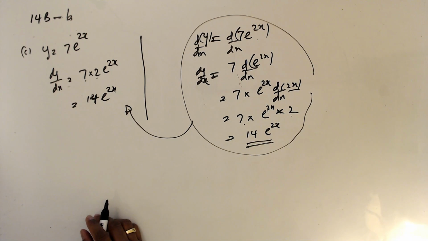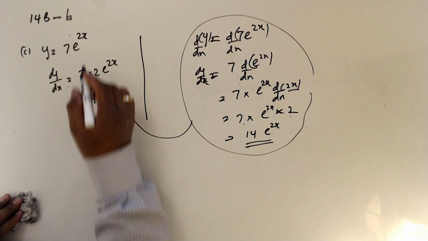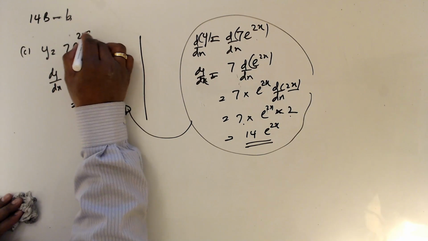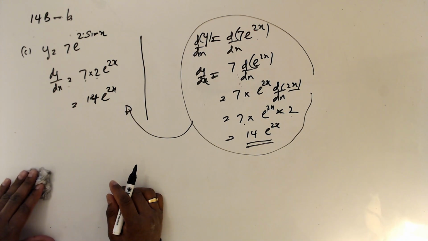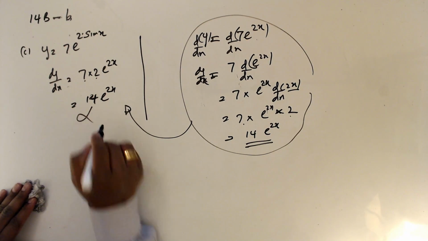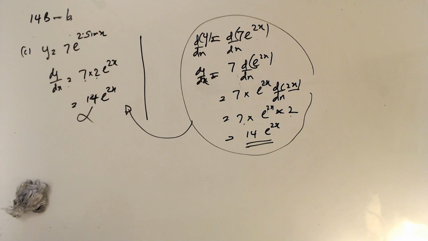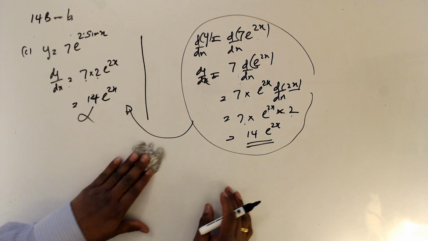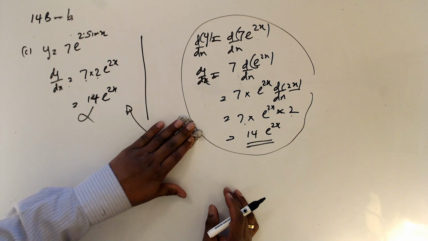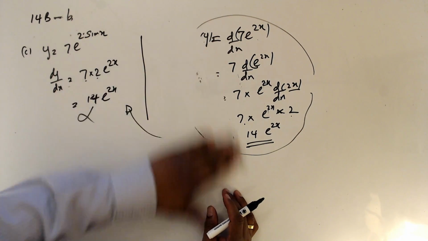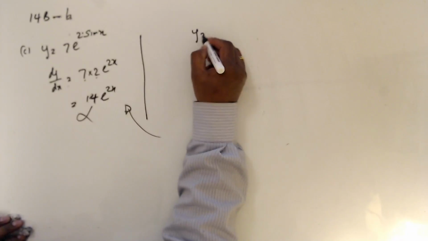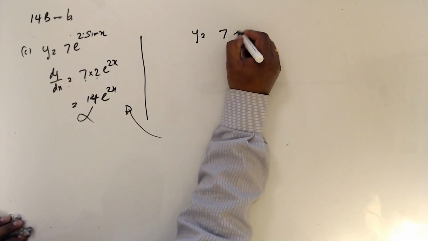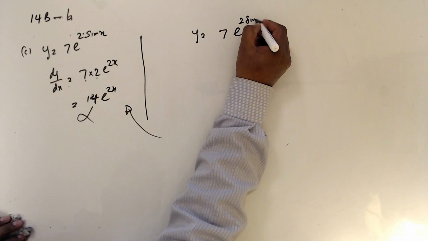Everything is possible. Now I'll show you a simple example. Instead of x, I put sin x here. Now what will happen? Now you can't do anything here, because only this way works, since you know the rules, you can apply them. But this is a bit advanced, so y equals 7 e^(2 sin x).